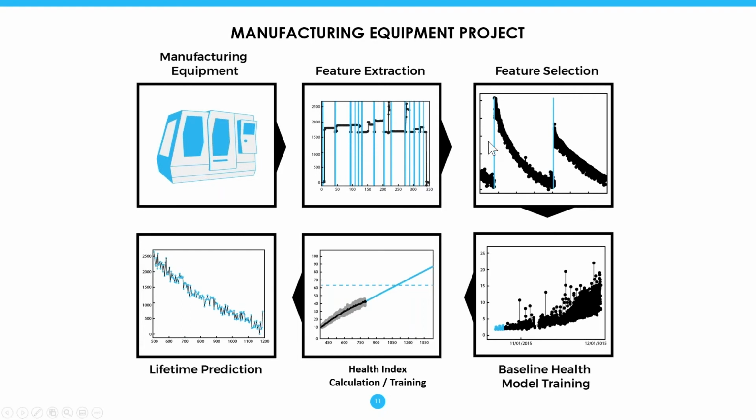Since the number of features can be quite large, we use machine learning and statistical methods for selecting the features. The health model utilizes the top ranking features and compares these patterns to a known reference or a baseline condition. This multivariate health index is then tracked over time, and then time series prediction methods are used to infer when the component should be replaced.